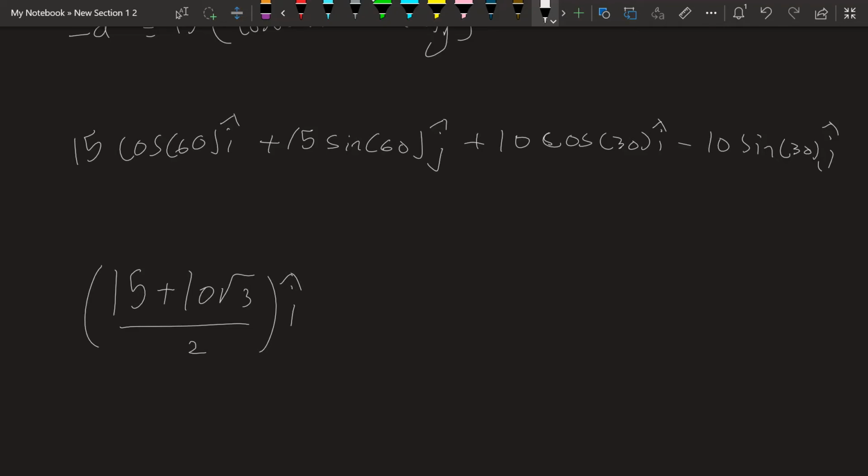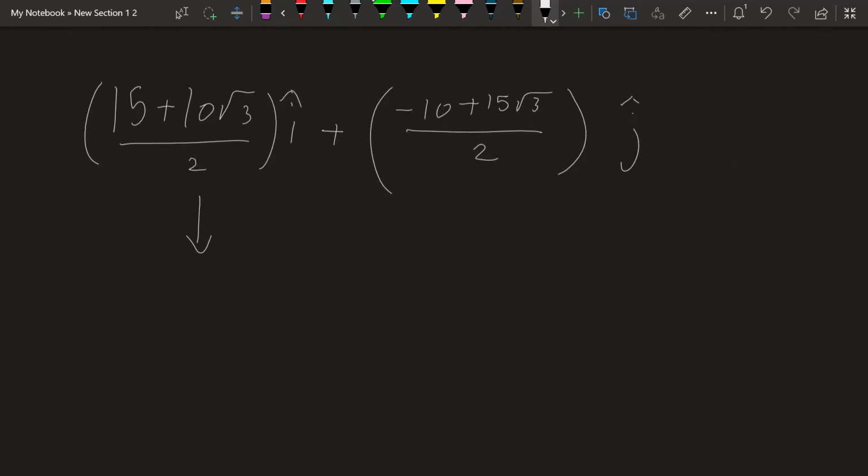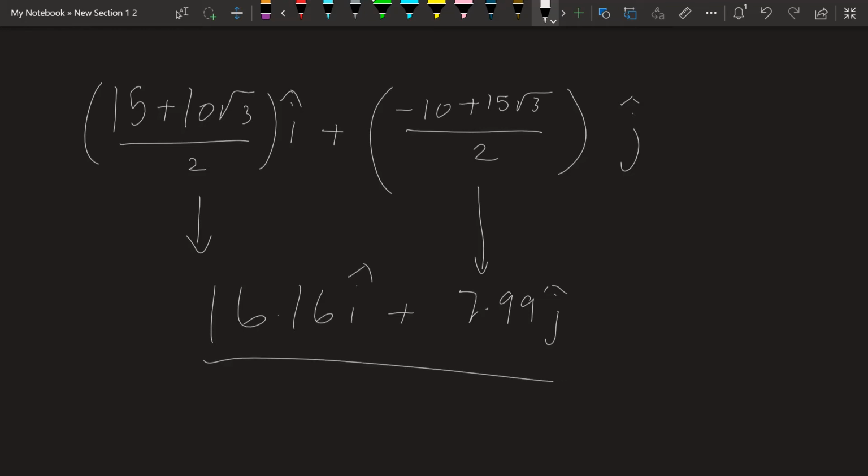So plus (minus 10 plus 15 radical 3 over 2)j, right? Now again, let's use some calculator magic and let's simplify. This is going to be 7.99j, and this is going to be, give me a second, 15 plus 10 radical 3, 16.16i. That's your final answer.